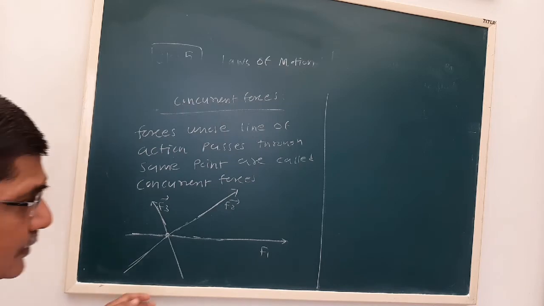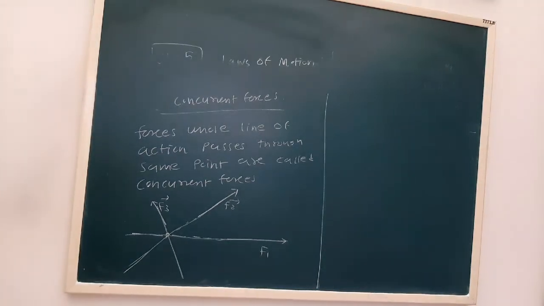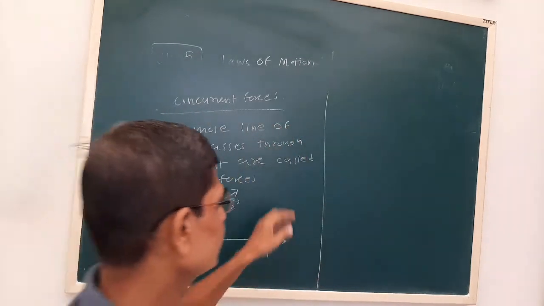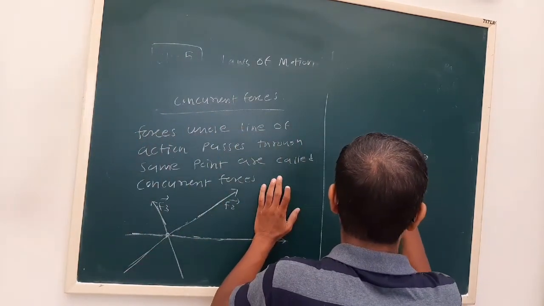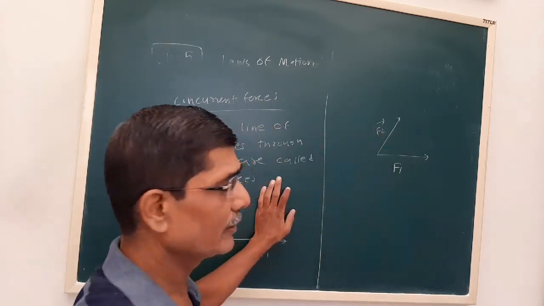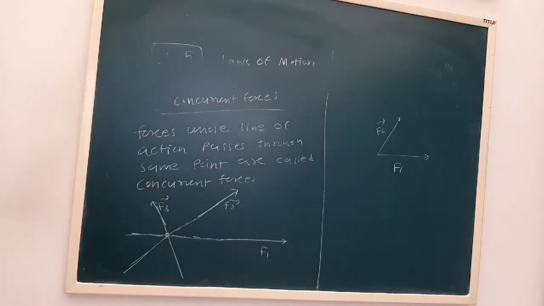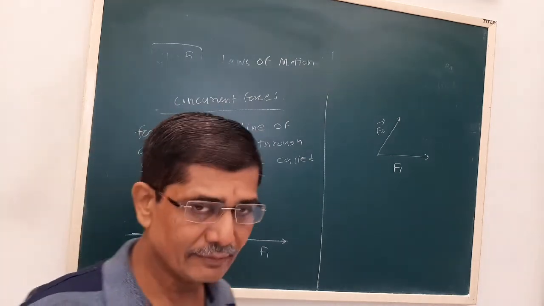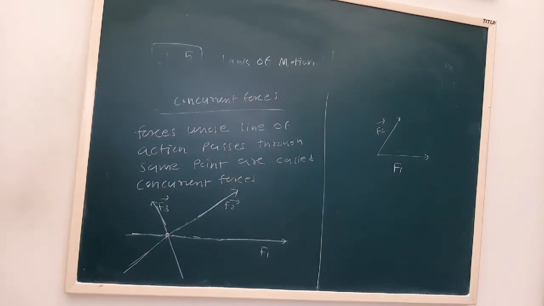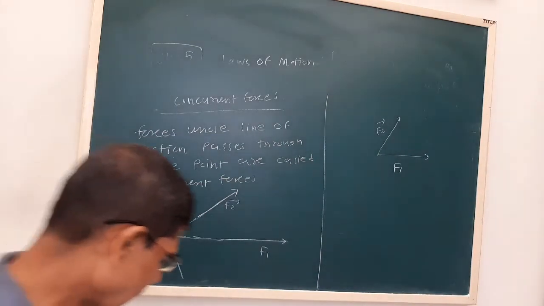Now, this is very important for the equilibrium of the body. Let us say two forces F1 and F2 act on a body. Now we have to bring it into equilibrium. What should we do?